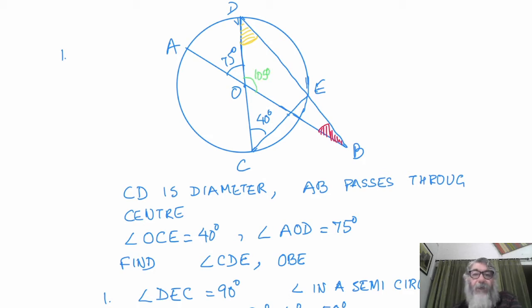The yellow angle CDE we have already calculated as 50.